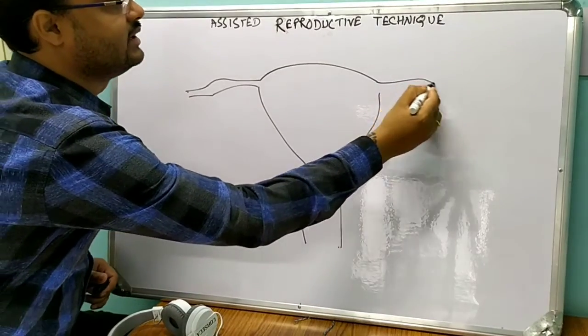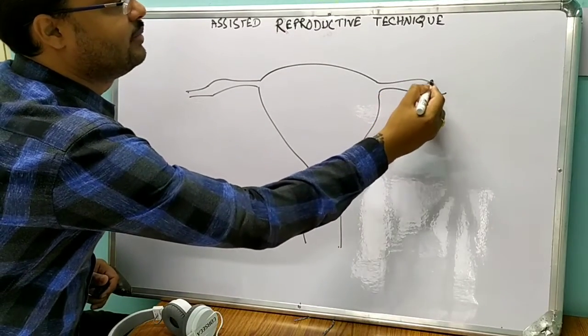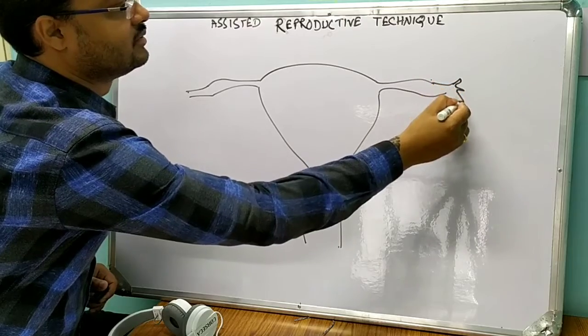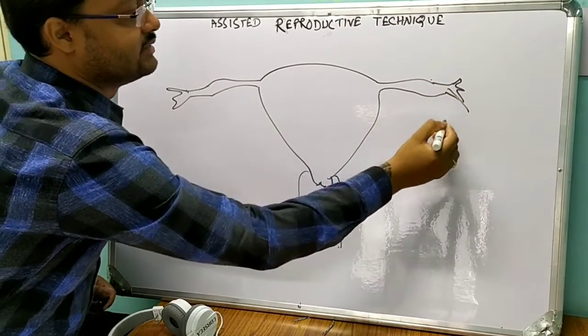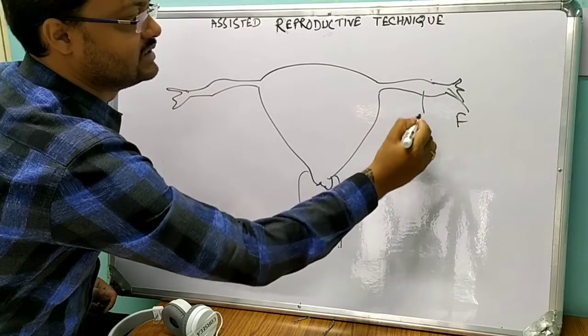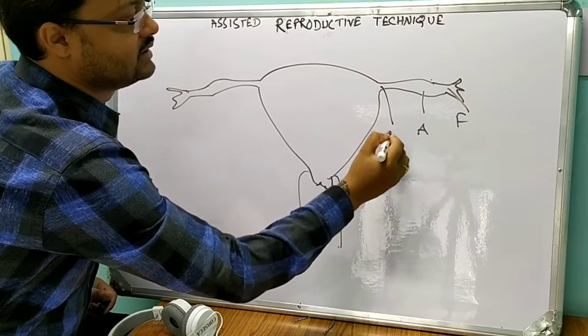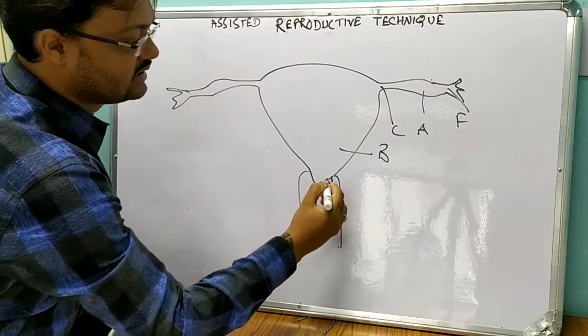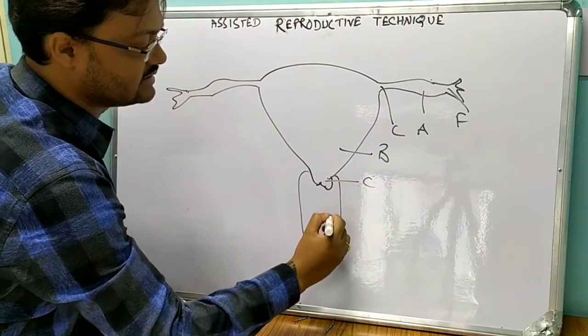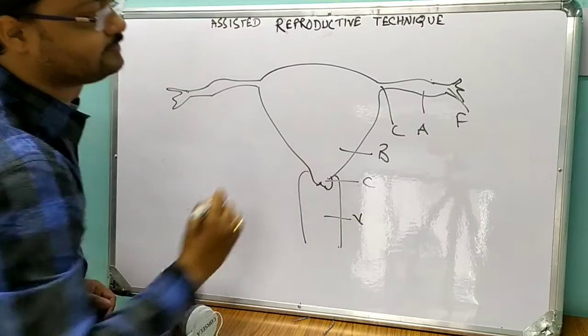All of you know the fallopian tubes have a few parts. This is the fimbrial end, this is the ampulla, this is the cornu, this is the body of the uterus, this is the cervix, and this is the vagina.